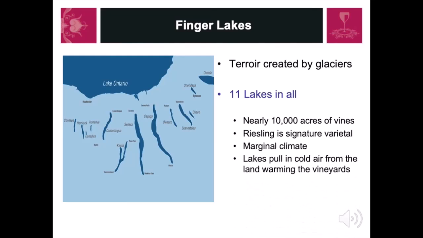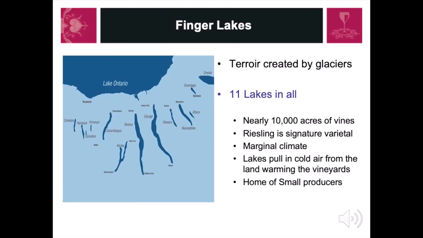We talked about the climate. The lakes pull in the cold air from the land and warming from the land, and the air, and can warm the vineyards when needed the most in the springtime especially, and then they can also help cool the vineyards in the summer when it is particularly hot.